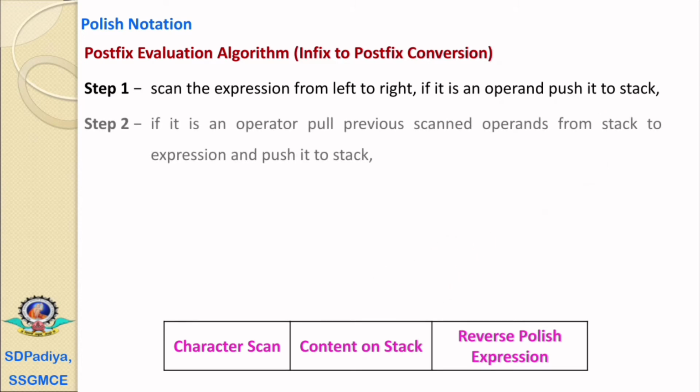The second step is, if it is an operator, that is plus, minus, division, or any such symbol, then pull the previously scanned operands from the stack to the expression. That means if we have scanned an operator, and before that we scanned an operand which is available on the stack, then we have to pull this operand from the stack to the expression.